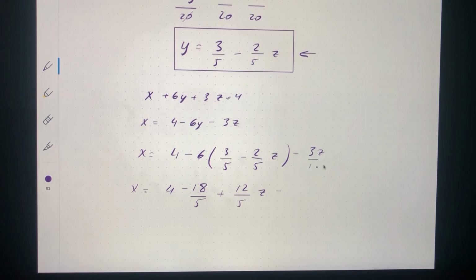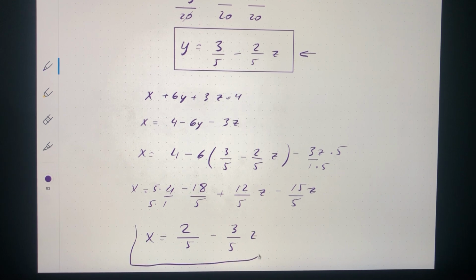So we can multiply it top and bottom by 5 to get minus 15z over 5. And also here we have 4, so we can multiply it by 5 to get the same common denominator. And that makes 20 minus 18, that's 2/5. And then 12 minus 15 is negative 3/5. And that z, and that is x.